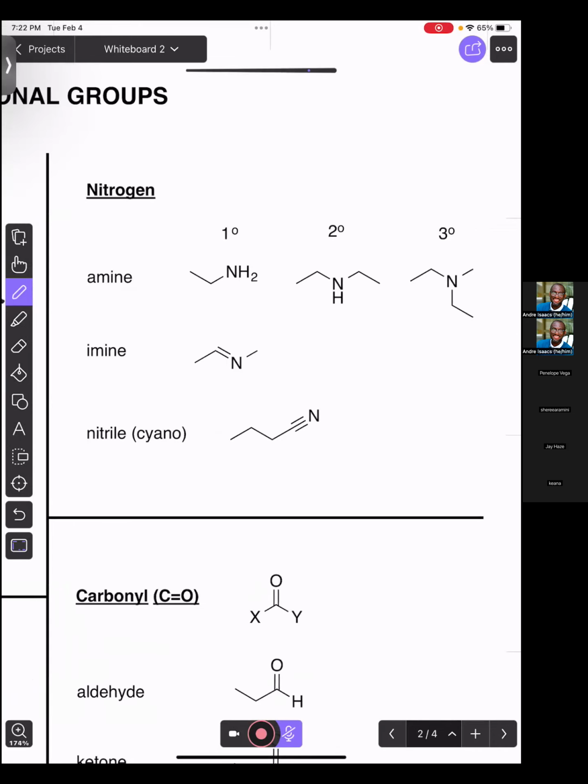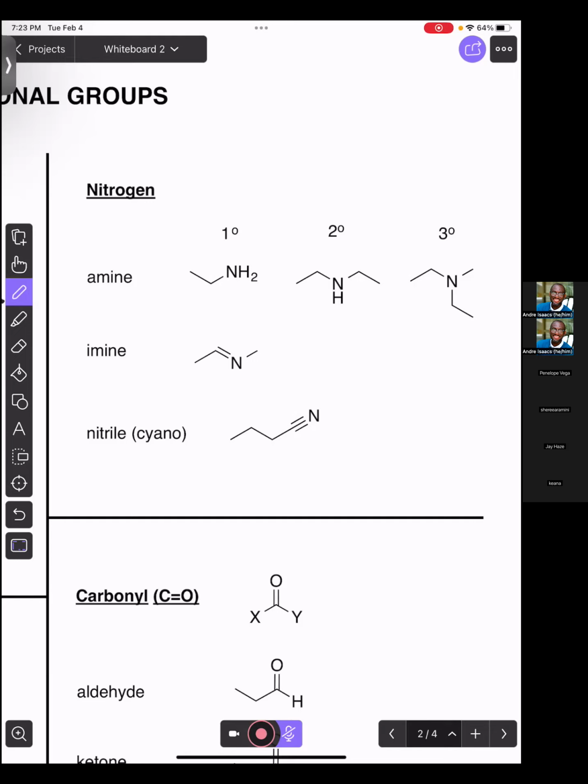So next up, we have the ones that have nitrogen atoms present in them. These are amines. Amines are just a nitrogen atom with carbons or hydrogens attached. Remember, nitrogen must make 3 bonds. So that nitrogen can be attached to 3 carbons. We call it a tertiary amine.